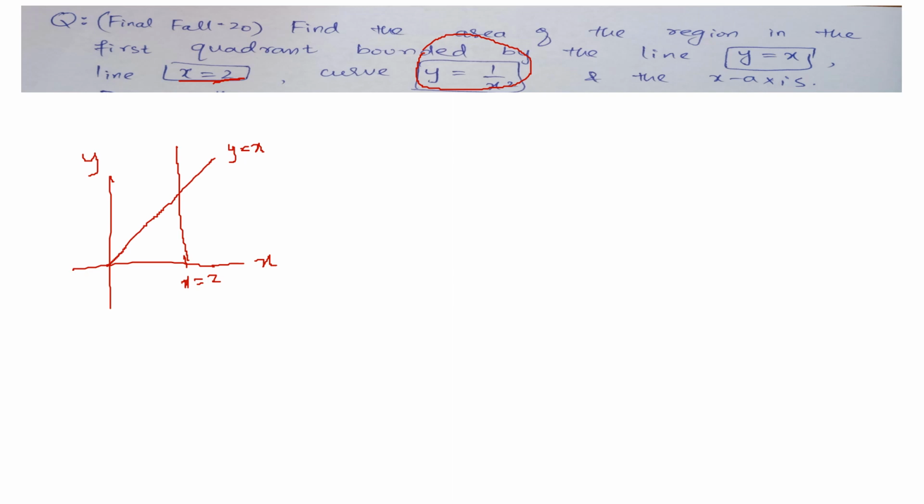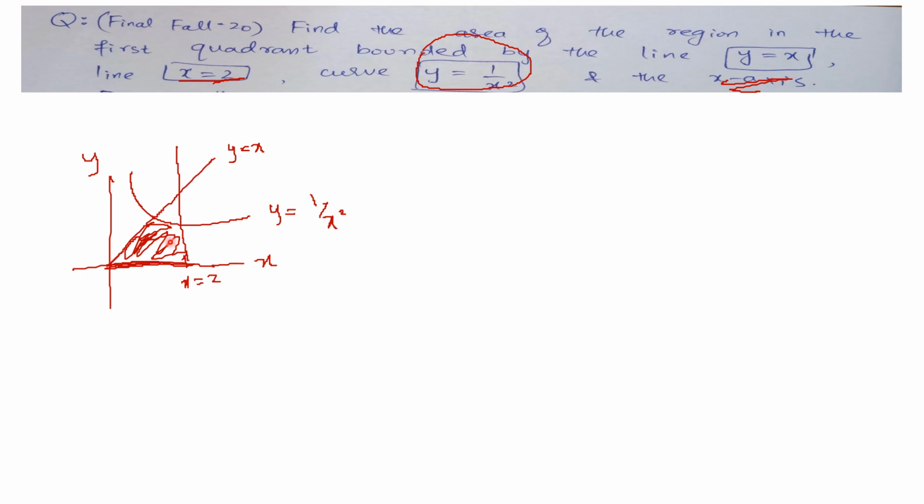The graph for 1 over x squared looks like this. This is y equals 1 over x squared, and the last bound is given by the x-axis. Means we have the lower bound, this axis. This is the x-axis. So our region of which we have to find the area is this part, this shaded region.